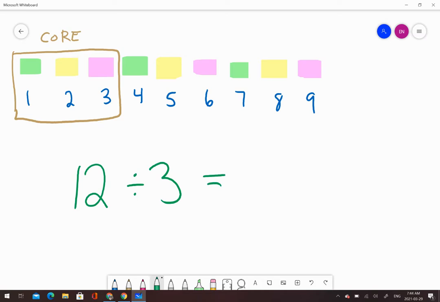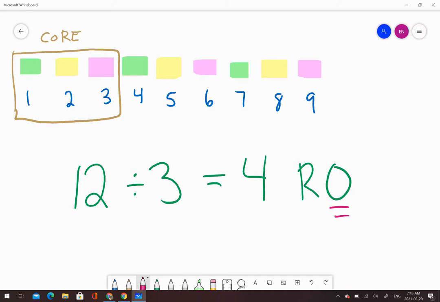3 times 1 is 3, 3 times 2 is 6, 3 times 3 is 9, 3 times 4 is 12. So 3 goes into the number 12 evenly 4 times. And my remainder is 0. I don't need to add any more to make 12. But what does that 0 mean? The 0 means that there aren't any left over.